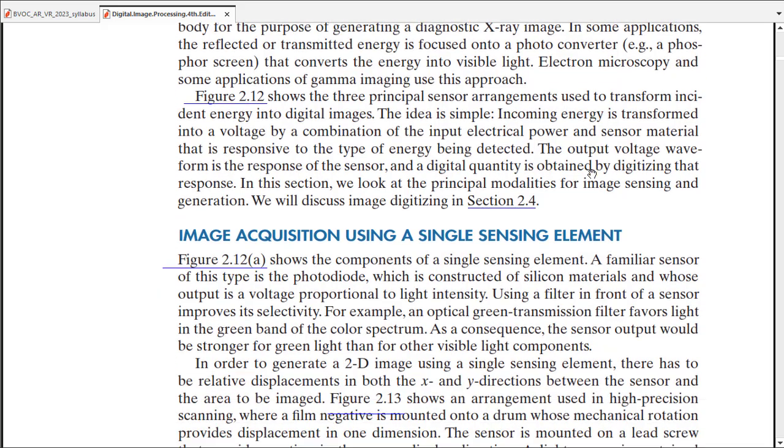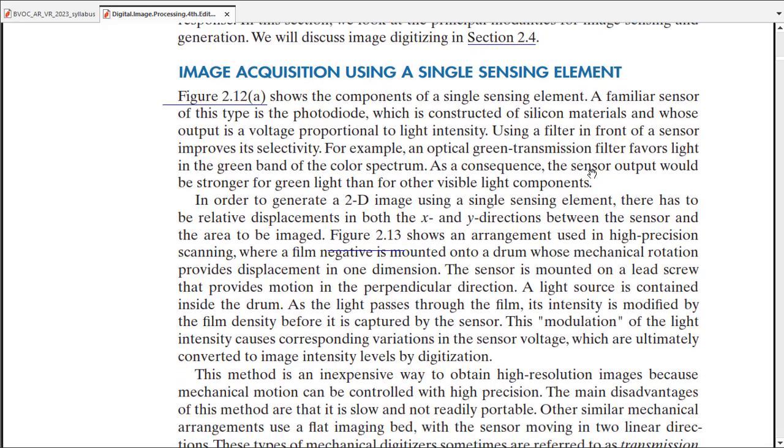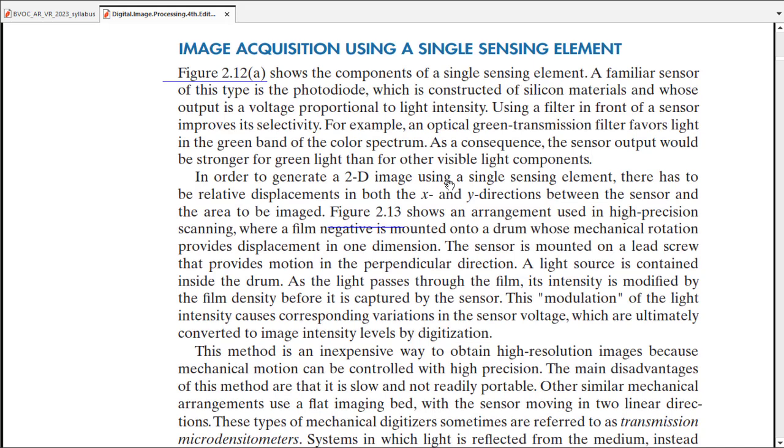In image acquisition using a single sensing element, the major element is a photodiode, constructed from silicon material, whose output voltage is proportional to light intensity. To generate a 2D image using a single sensing element, there must be relative displacement in the x and y directions.